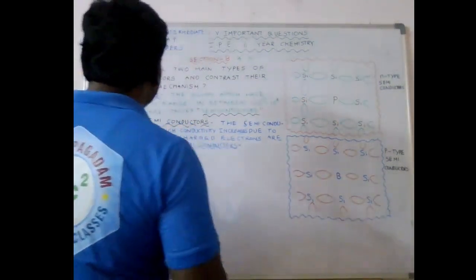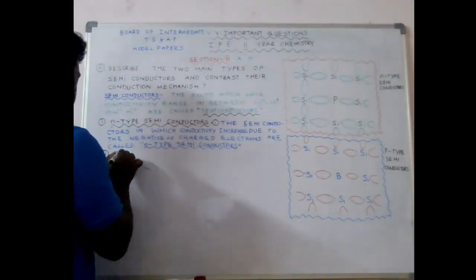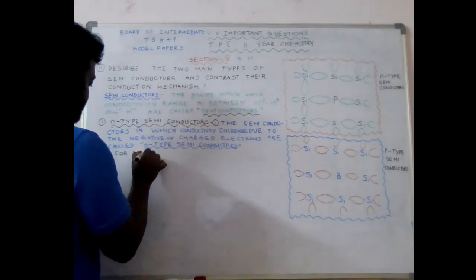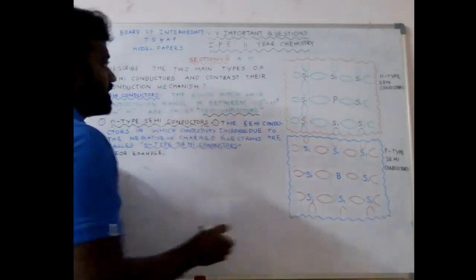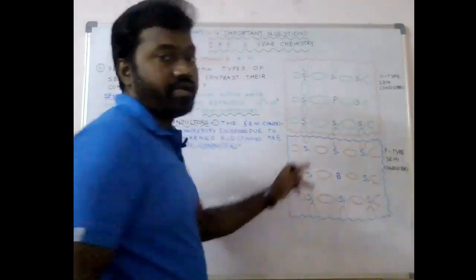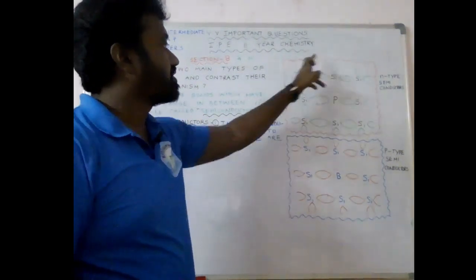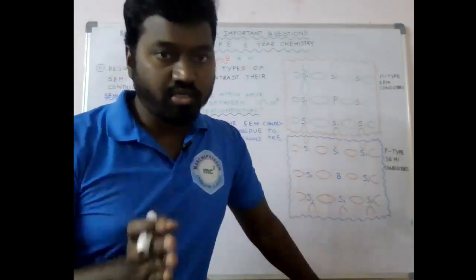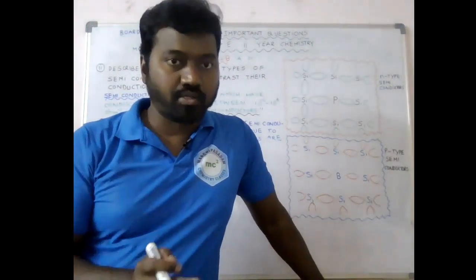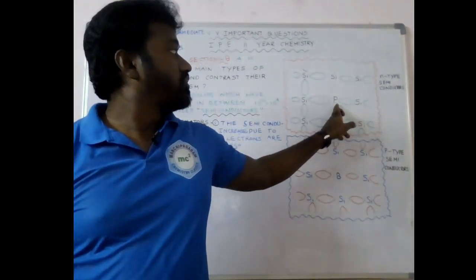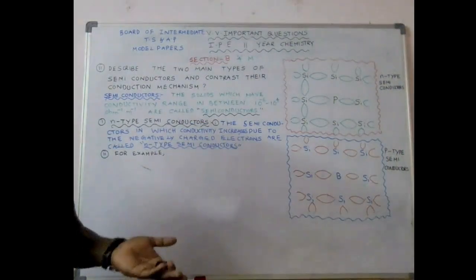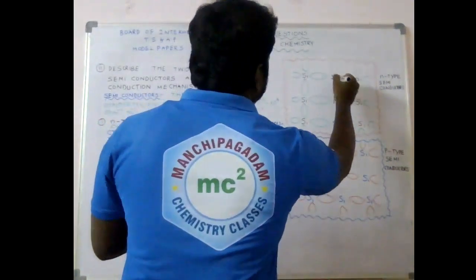Now, for example, you will take this as the second point. What we have taken here is the N-type semiconductor. Phosphorus is the middle one and the neighboring atoms are silicons. Silicon belongs to the 4th A group, or 14th group. Phosphorus belongs to the 5th A group, or 15th group.